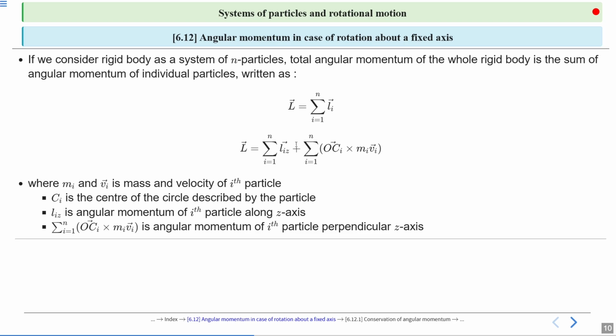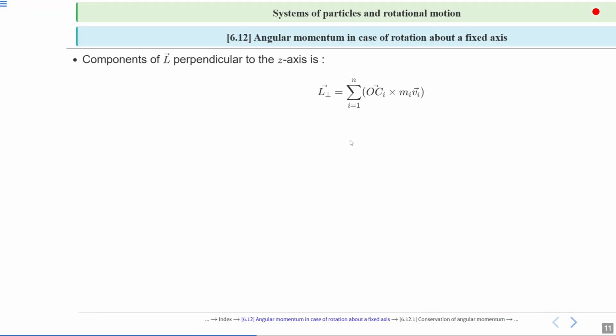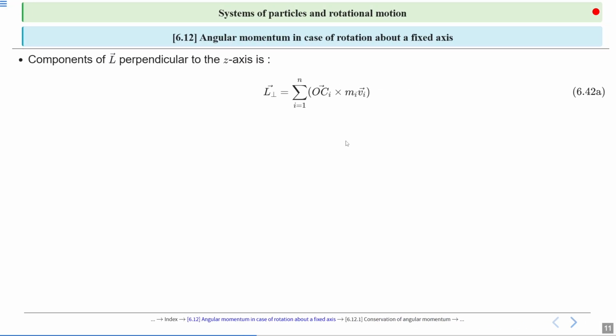All right. So this term is for perpendicular to the z axis. Angular momentum of the ith particle which is perpendicular to the z axis. So the component of L perpendicular to the z axis is this one. L perpendicular is equal to summation I equal to 1 to n of OCi cross MiVi. So Mi and Vi are the mass and velocity of the ith particle respectively.